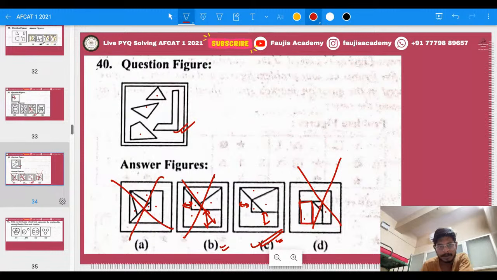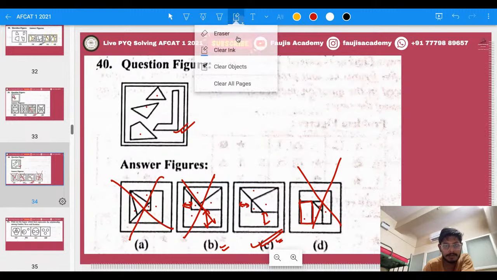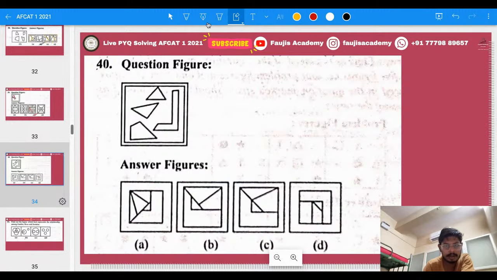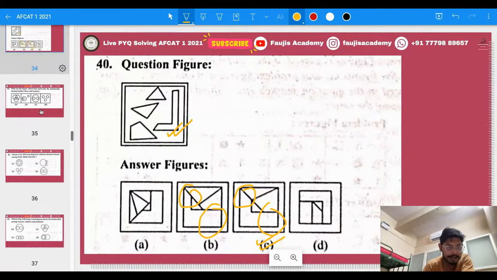Why? Because if you look more carefully at this and this breadth, and at this given figure, it is pretty much very symmetric in C. So that's why we'll go ahead with 40 C.